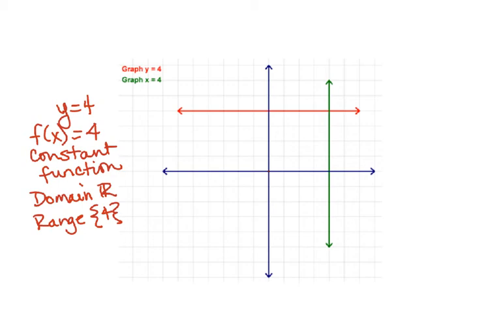Let's look over at this line right here, x equals 4. There is no way to write that in function notation. There's no way to write f of x equals something. And this does not pass the vertical line test, because look at this. I'll take a different color for it.